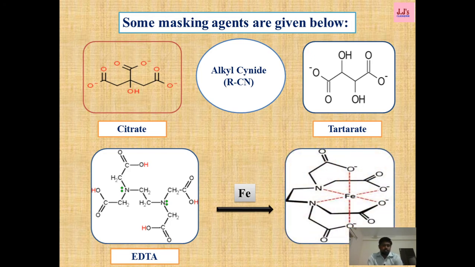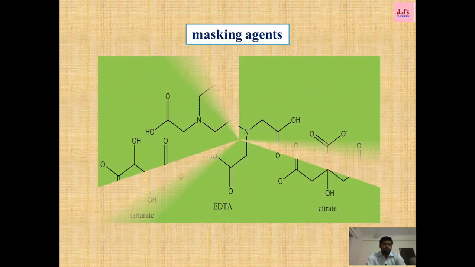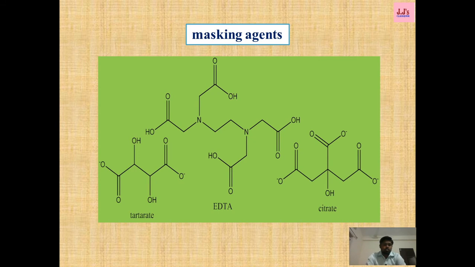Now Fe is trapped in that complex, the Fe-EDTA complex. This complex does not undergo extraction, as iron is trapped in the complex. Aluminium can easily be extracted by the solvent. That is the process or mechanism of the masking agent. All these agents work like that. Here is a simple structure of EDTA, tartrate as well as citrate.